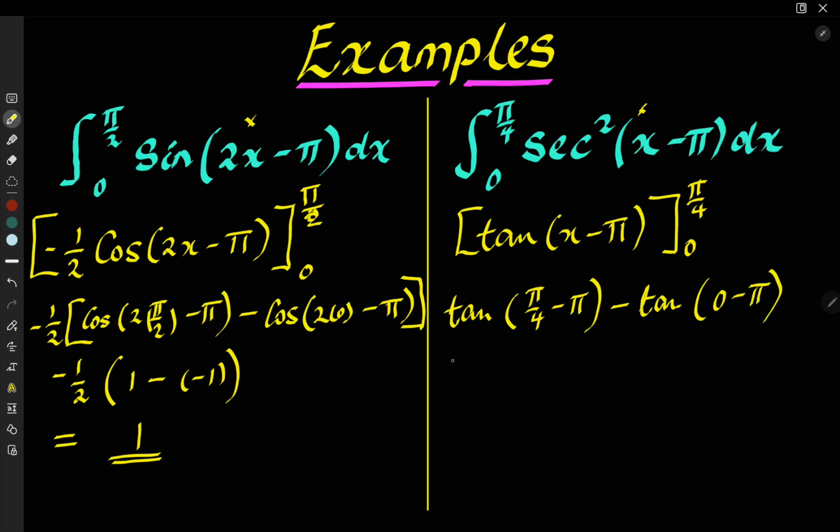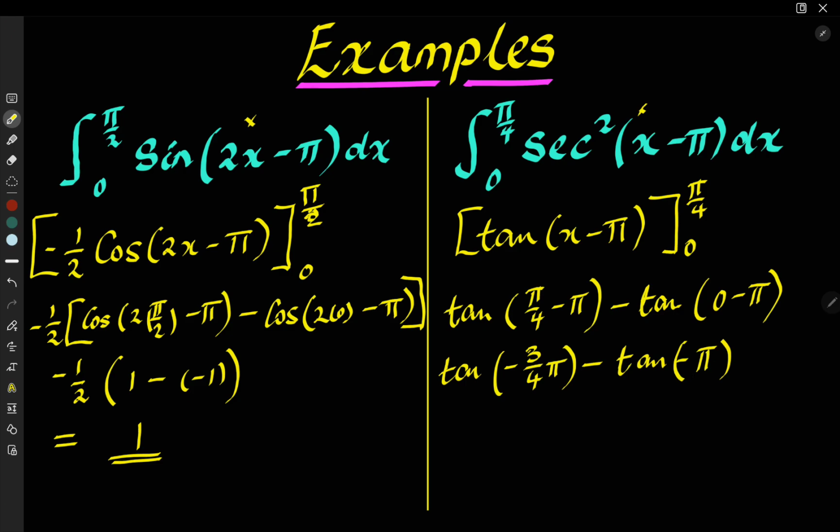If we simplify inside the brackets, that will be tan(−3π/4) minus tan(−π).